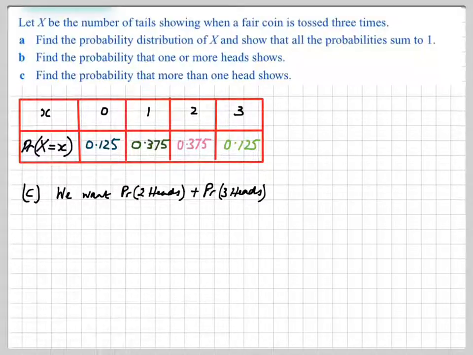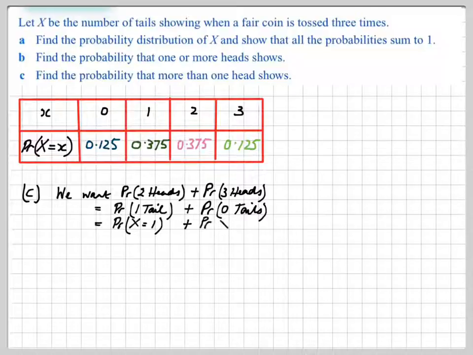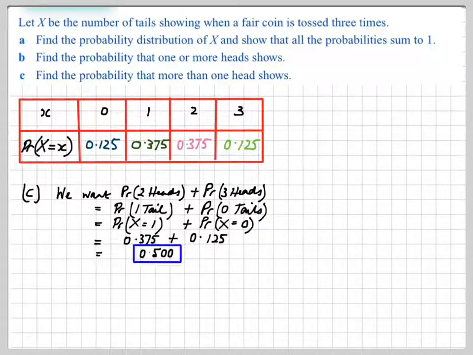Now let's just convert that into tails. That means 1 tail or no tails. Now that's easy to do. That's 0.375 for 1 and 0.125 for none. And that gets us 0.5. It does, 0.5. Thank you, Mr. Box. Isn't that great? So we've done it, haven't we?